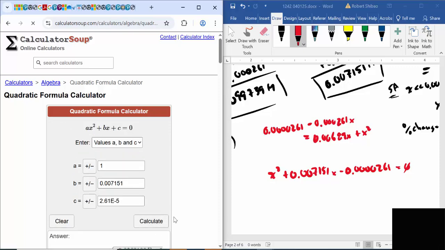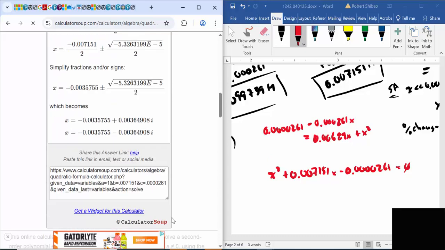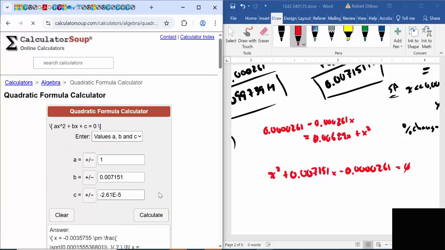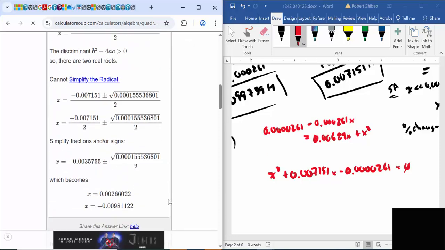Calculate it. Oh, I forgot the negative. It came out imaginary. All right, now I have an x value here. The x is equal to 0.00266.